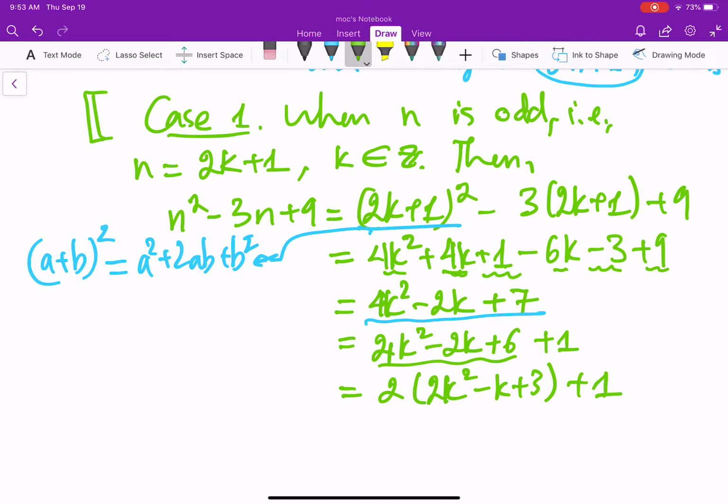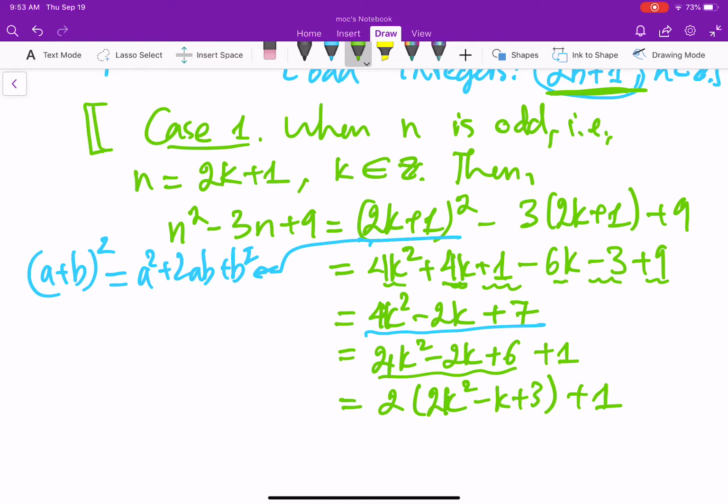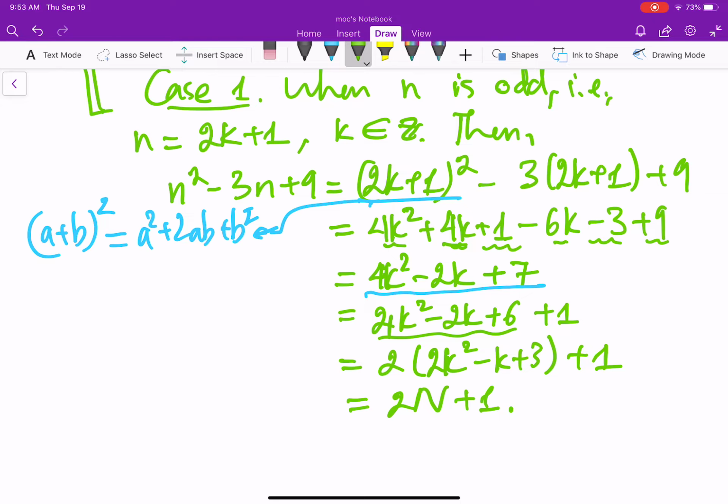So finally we already got the form 2n plus 1 right here. We finish that, thus n squared minus 3n plus 9 is odd.